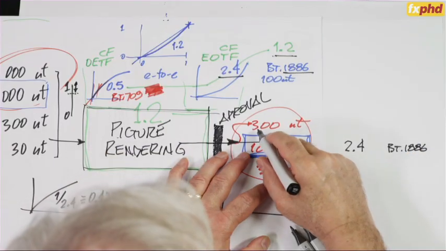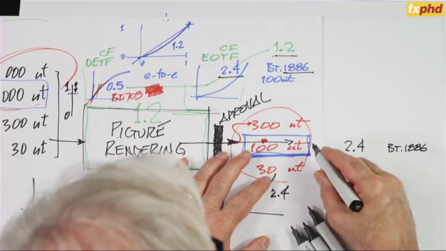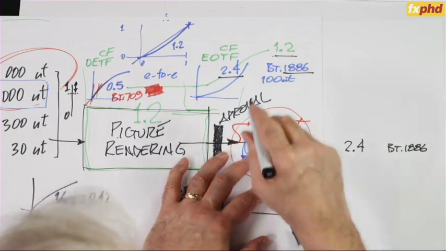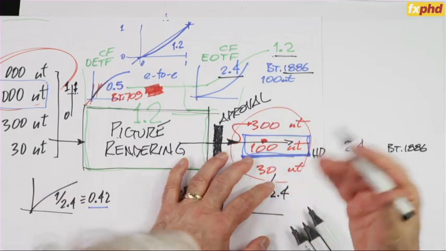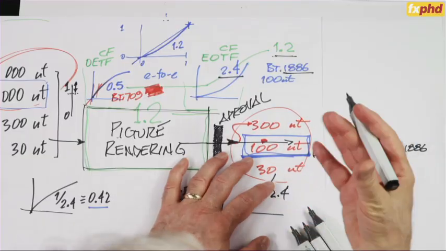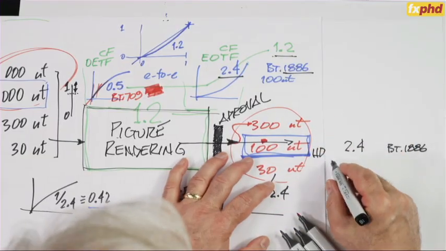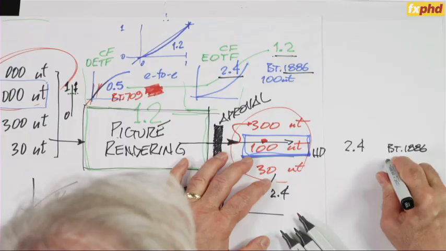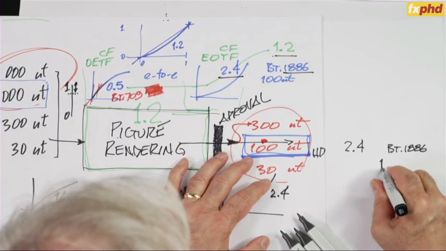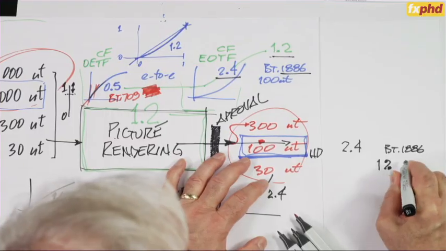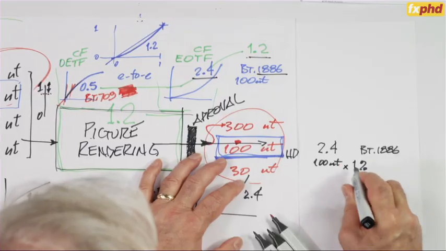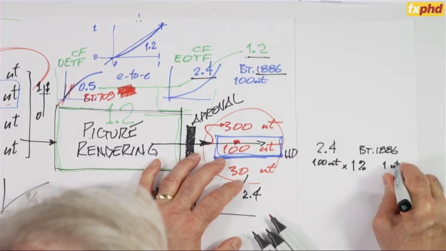I should mention that HD mastering is assuming that the area surrounding the image that's affecting the visual system, but it's not part of the image, is very dark. And I like to think of HD viewing at the mastering stage as having a surround of about 1% of that 100 nits. So the surround is about 1 nit.